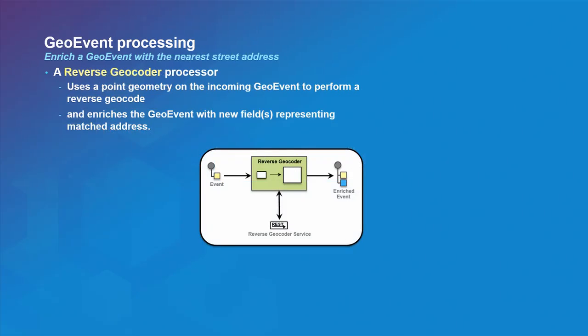The reverse geocoder we're including not only because it makes for a good story and completes what we're trying to say with the story and the parolees, but it's not one of the processors that's available out of the box. GeoEvent extension has a Java-based SDK, and Ken was able to use that SDK to prepare a fairly simple custom processor.